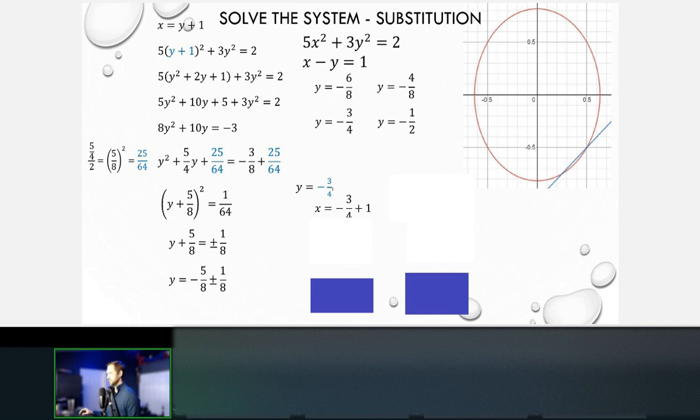All right, so we plug in -3/4, and then we solve. So -3/4 plus 1 gives us 1/4. All right, so what is the ordered pair of that solution? (1/4, -3/4).